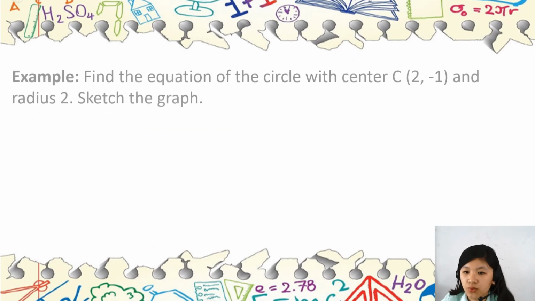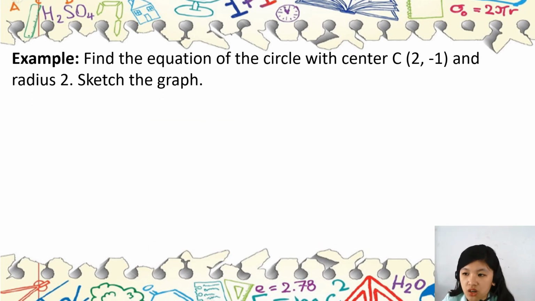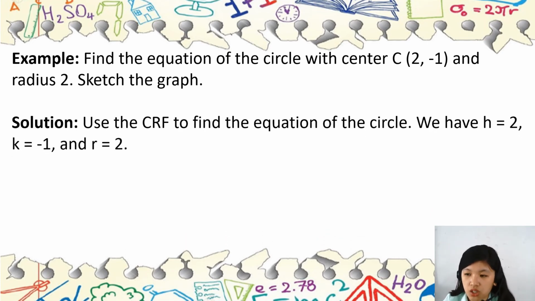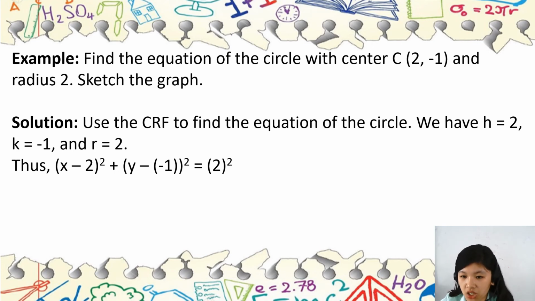Next, we have: find the equation of the circle with center 2, negative 1 and radius 2. Then sketch the graph. Here, we substitute into the formulas. Use the CRF to find the equation of the circle. We have h equals 2, k equals negative 1, and r equals 2. Using the formula, we substitute: (x minus h), and our h is 2. The formula does not change, it only changes depending on the given. Then y minus k, so y minus our k, which is negative 1.